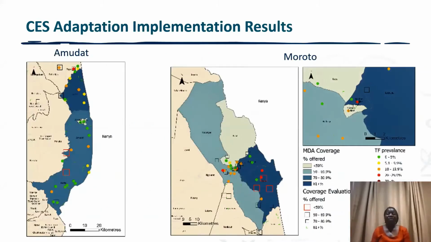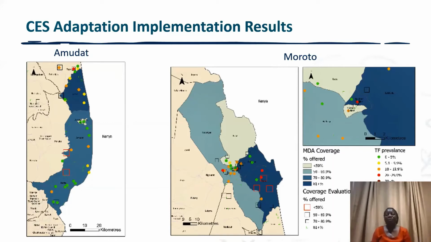And this is what our results showed. From the map on the left-hand side, Amadat district had coverage of less than 80% in the target villages. Most of these target villages also reported coverage evaluation results of less than 50%, as you can see from the red boxes.